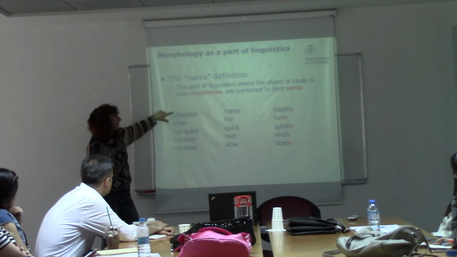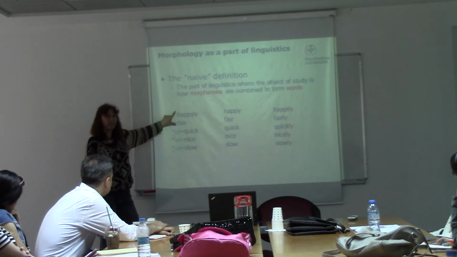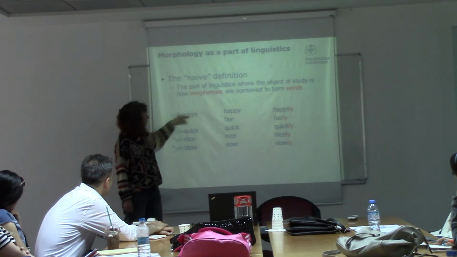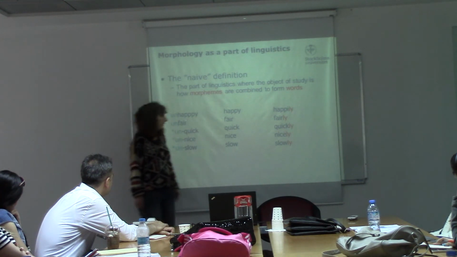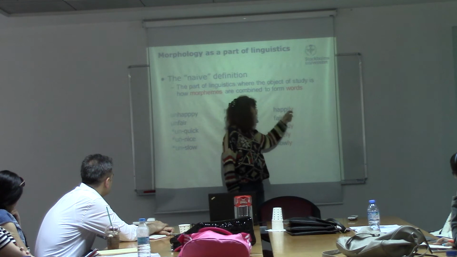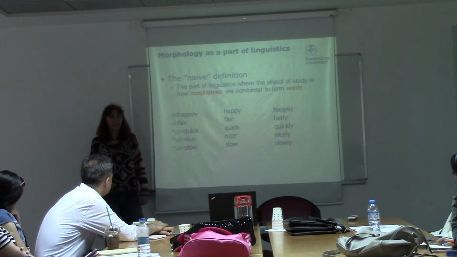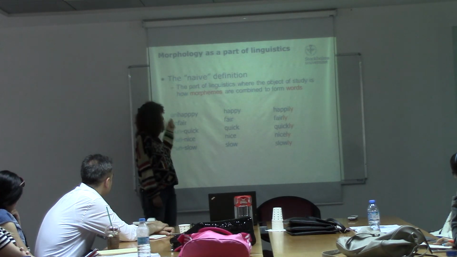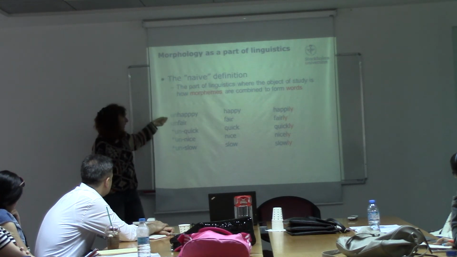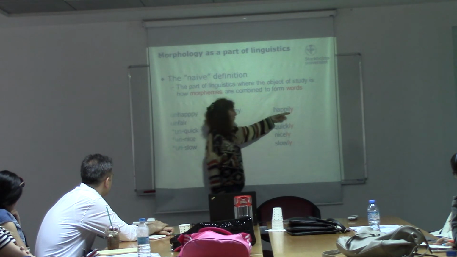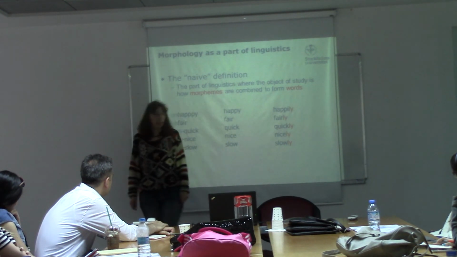So we have another element that carries a more abstract meaning, something negative. So it creates the opposite. And then there is another element that changes the word class category of happy. So one that derives antonyms and one that derives adverbs.